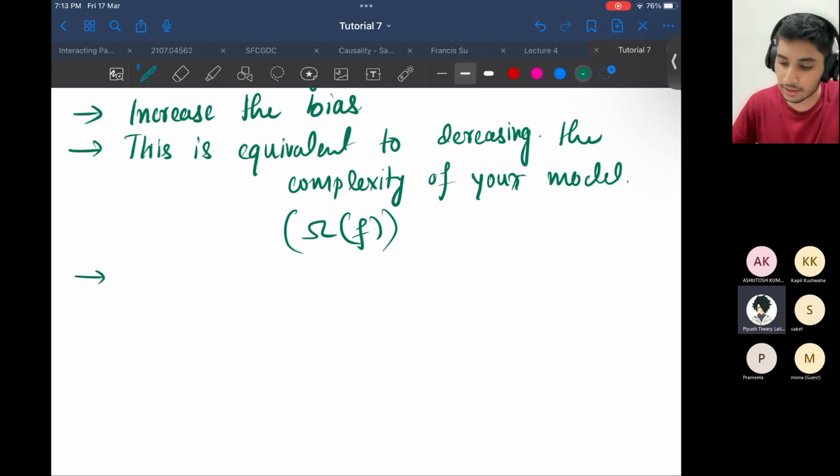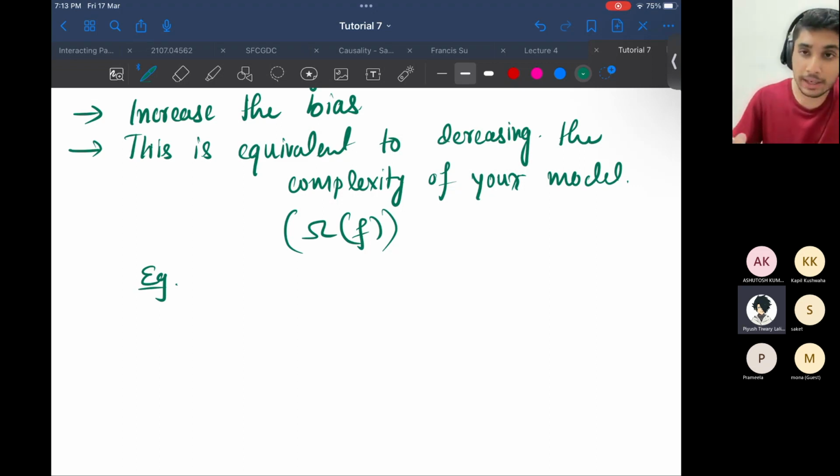Let me give you some example. Let's say you had a high variance model. One example of a high variance model that we saw just above was this polynomial with degree 100.